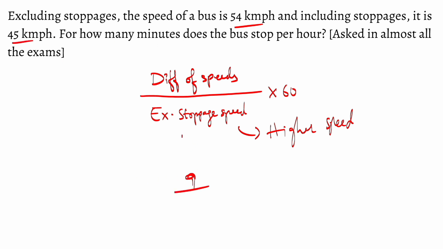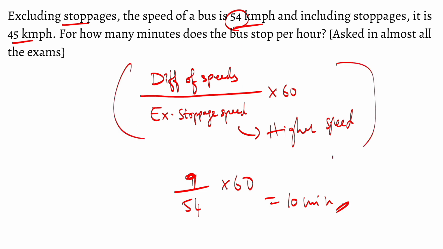And the excluding stoppage speed is 54 kmph, right? 9 by 54 into 60, calculate this, you'll get 10 minutes. The answer is 10 minutes. Very simple. No traditional approach is required for this standard problem. Whenever you find stoppage, excluding stoppage, including stoppage, you can definitely apply this directly.